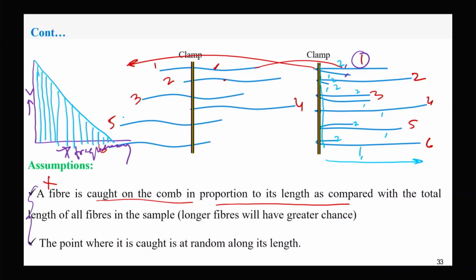So a large number of fibers means large frequency here with the span length, scanning length say 1 millimeter, then 2 millimeter, 3 millimeter we are going, and frequency is reducing with the span length. We are increasing the span length, but frequency is reducing gradually. This is the typical shape of cut fibers, fibers of equal length.